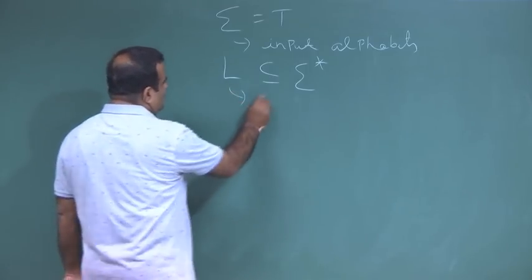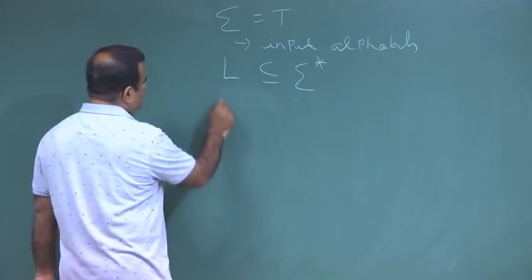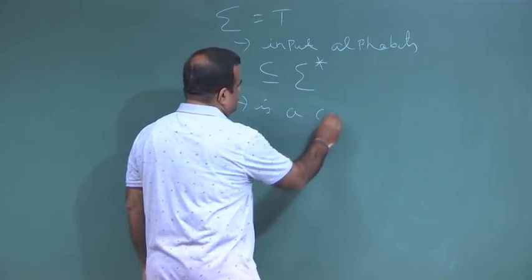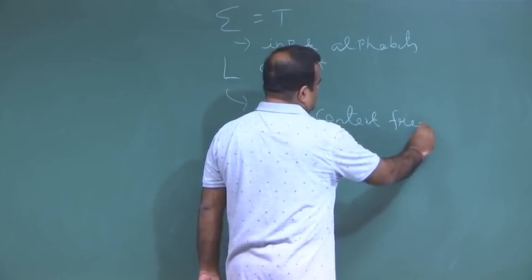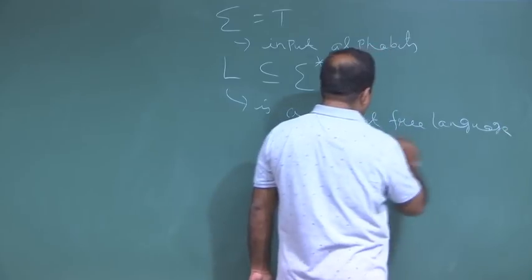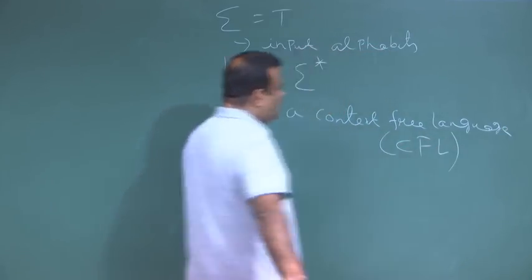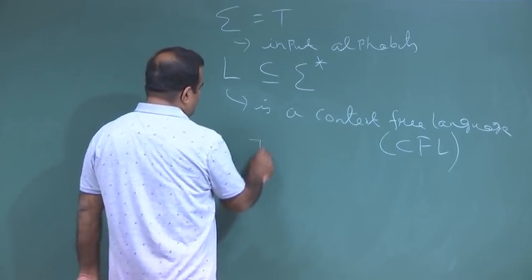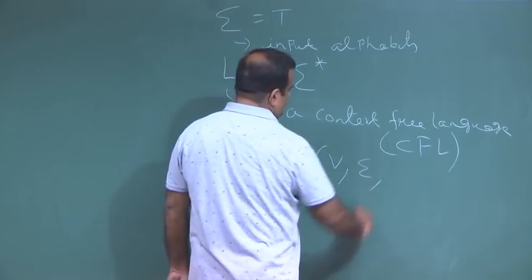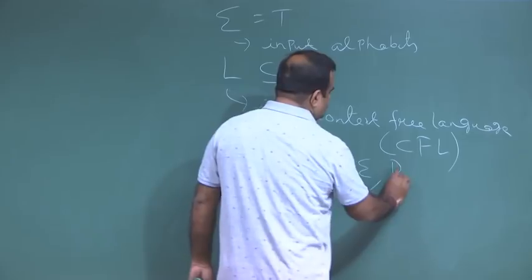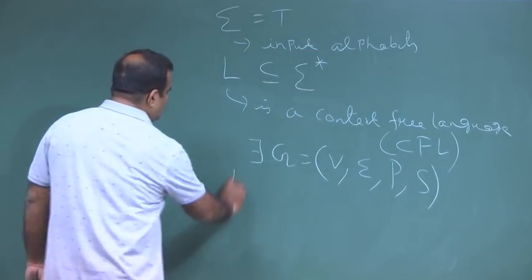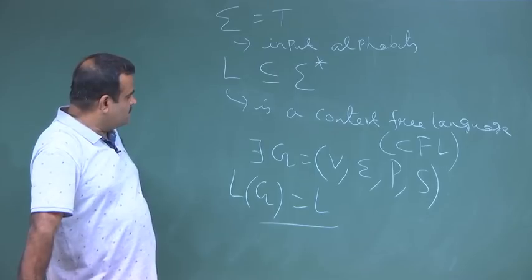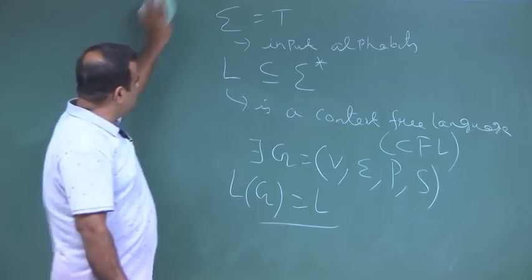We say L is a context free language, or in short CFL, if there exists a context free grammar with the terminals as this, with some rules and the starting variable, such that L(G) is L. This is the definition of a context free language.